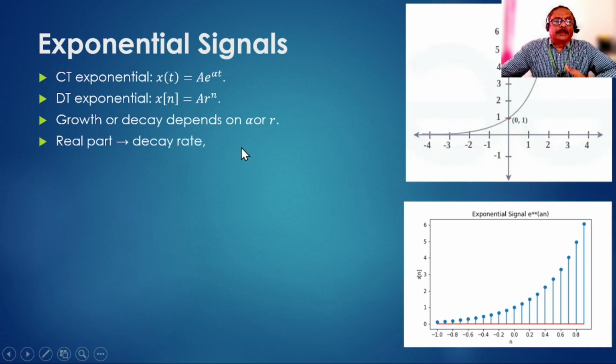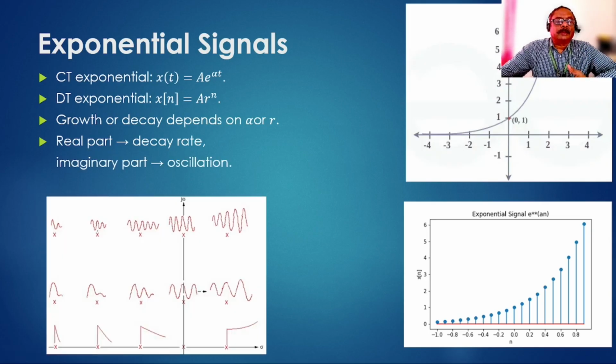If it is a complex one, then the real component is deciding what the decay rate is, and the imaginary component is deciding the oscillations. If you look at the x-axis, the imaginary component is 0, therefore there won't be any oscillations.